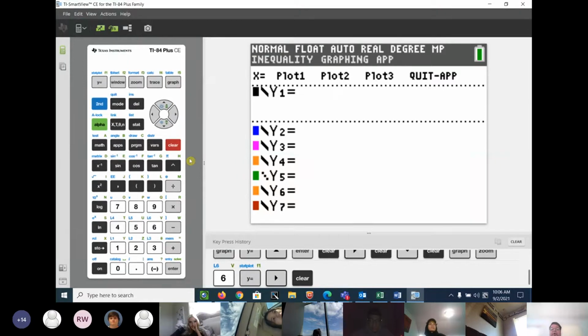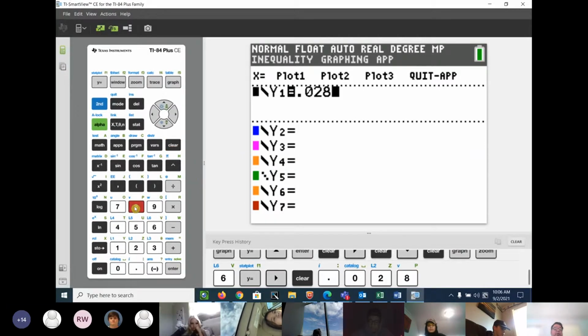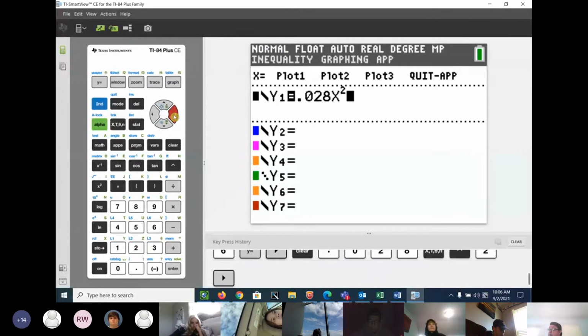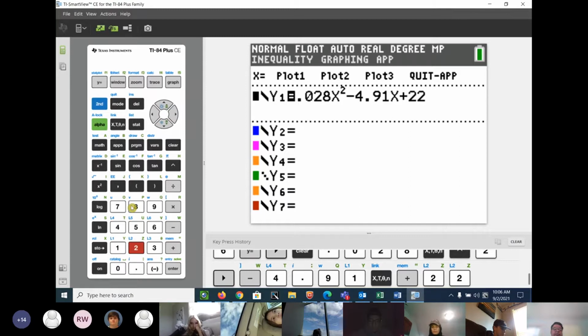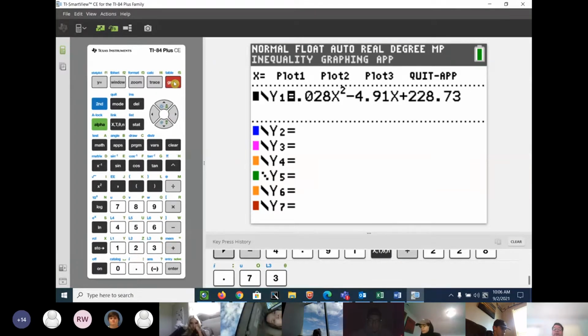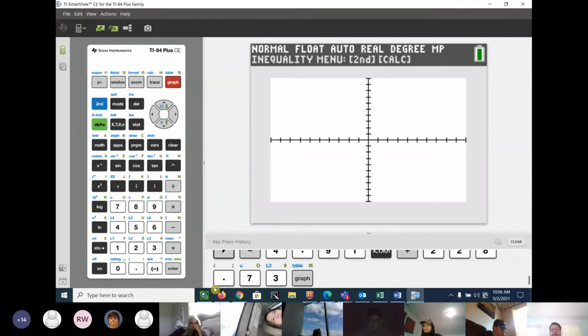Clearing it is better than trying to type over it, so make sure you clear it. 0.028 x squared minus 4.91x plus 228.73. And there's what the graph looks like. Oh my God, there's not a graph. So you quit and drop out of the class.